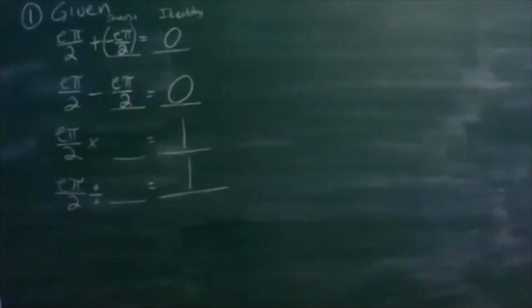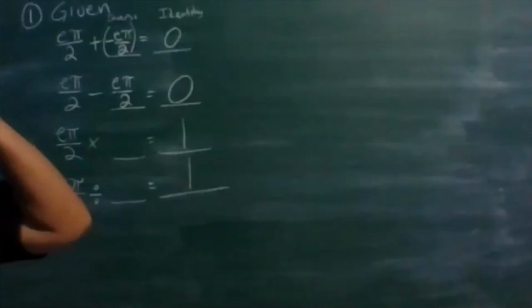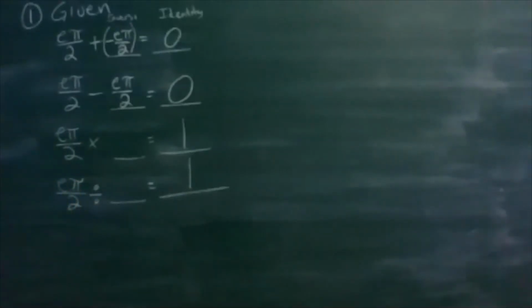Okay? E pi over 2 times what inverse will give me 1? 1/2? No. What do we do? If the number is n, we say n times what will give us 1?